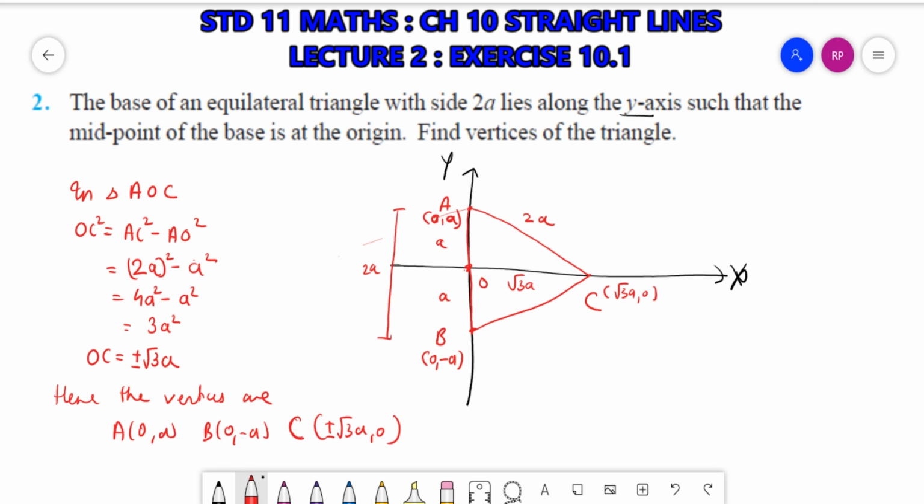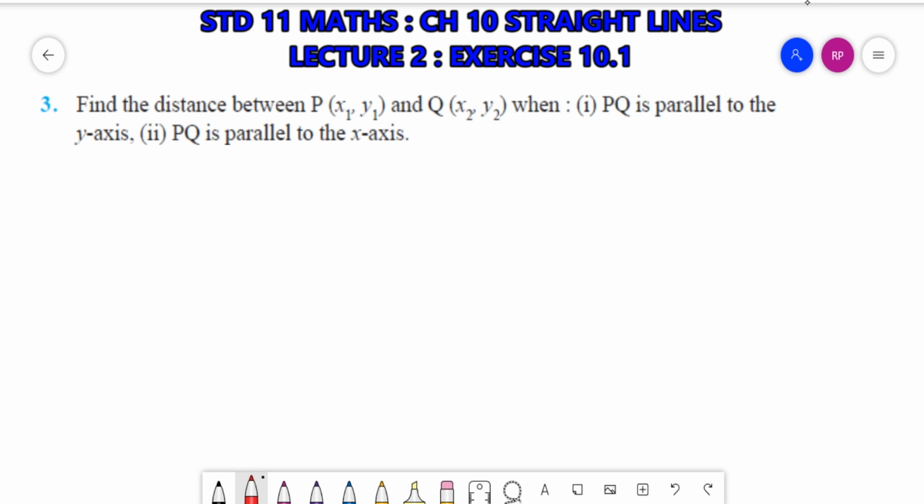Now let's move to the next question. Question 3. Find the distance between P (x1, y1) and Q (x2, y2) when first, PQ is parallel to the y-axis, and second, PQ is parallel to the x-axis.